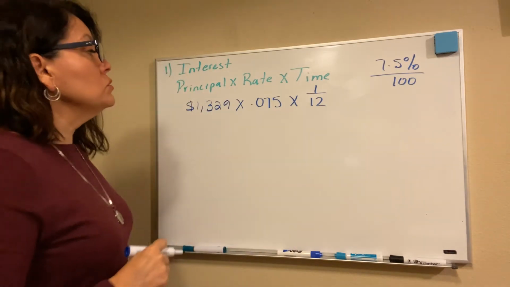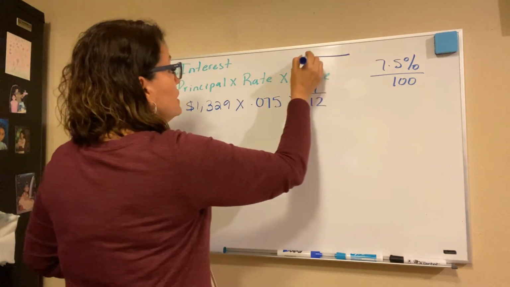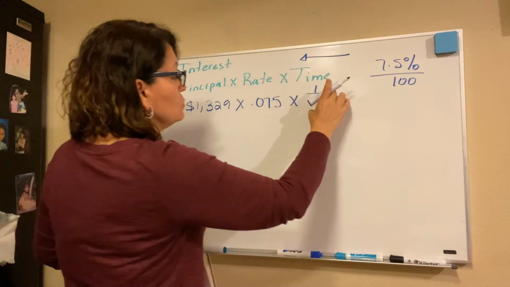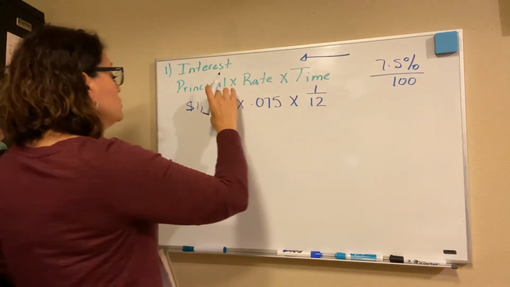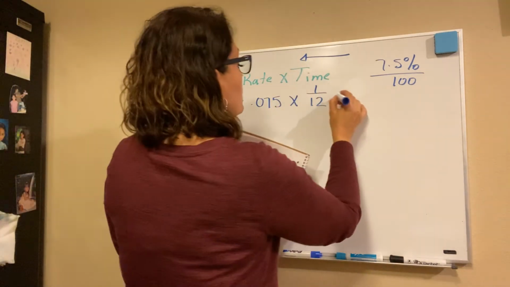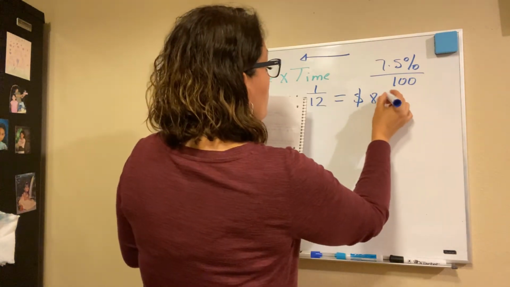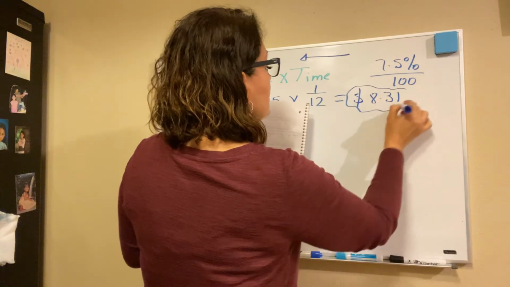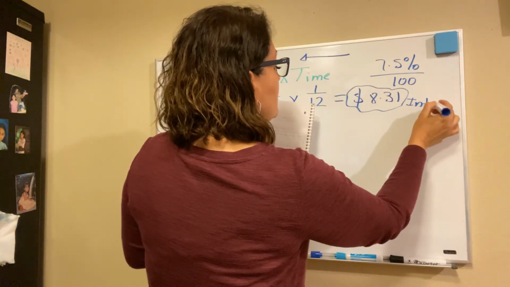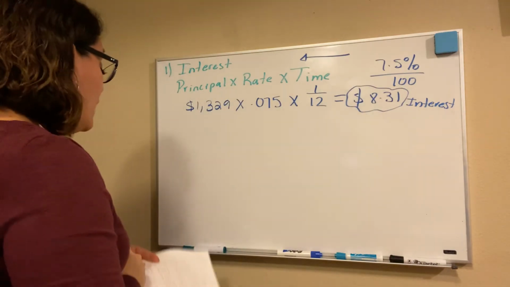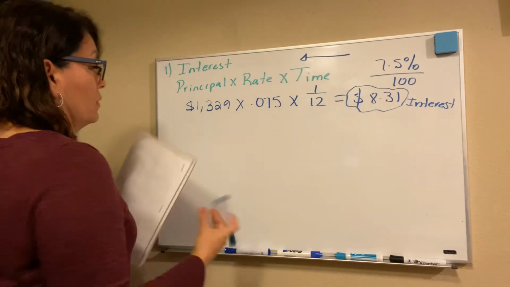So how are we going to do this one? Like I said before, from right to left. I'm going to do division, then multiplication, and then multiplication. So at the end, we are going to have 8.31. And that, guys, is the interest that she is going to pay for that month.